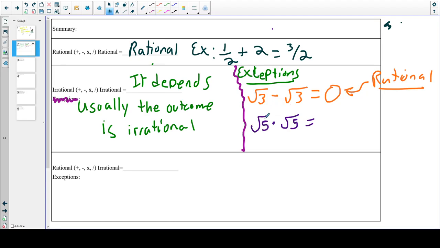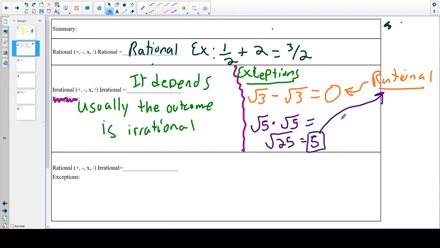If you don't know how square roots or radicals work, you can always use your calculator. But very quickly, since we're multiplying, we can multiply the inside. So 5 times 5 is 25, and the square root of 25 is 5. So the outcome is also rational.